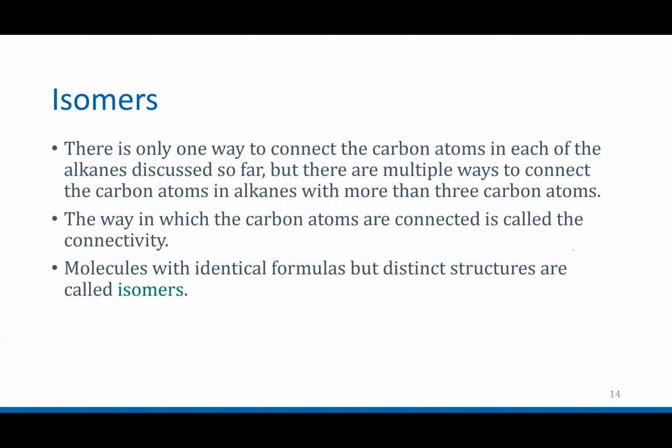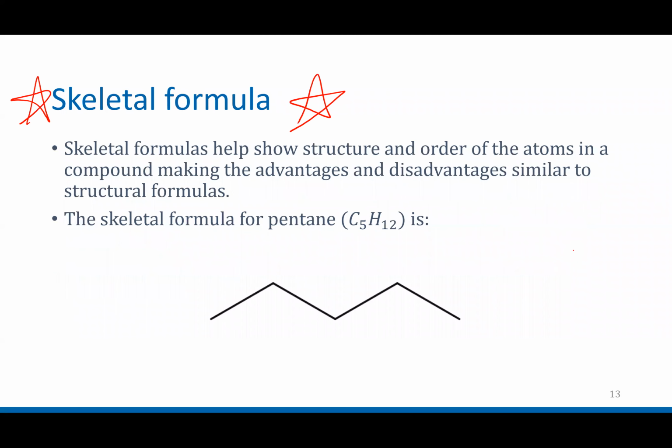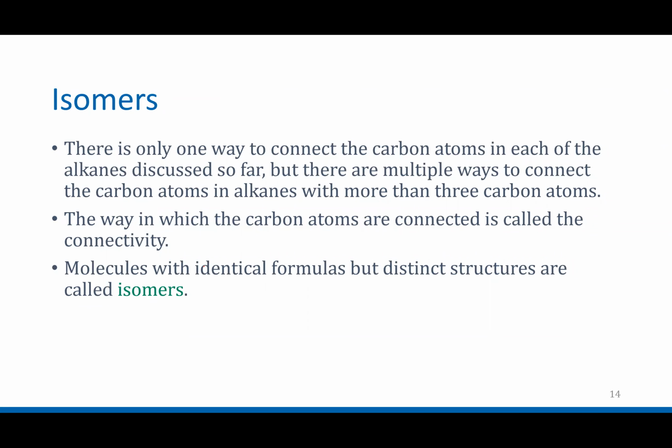Okay, so isomers. There is only one way to connect the carbon atoms in each of the alkanes so far, but there are multiple ways to connect carbon atoms in alkanes with more than 3 carbon atoms. Actually, I guess that's a bit of a lie, because we could have isomers for pentane right here. So that's something I should change in my notes.